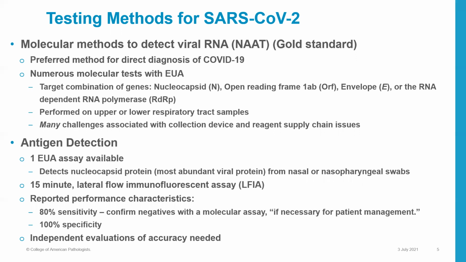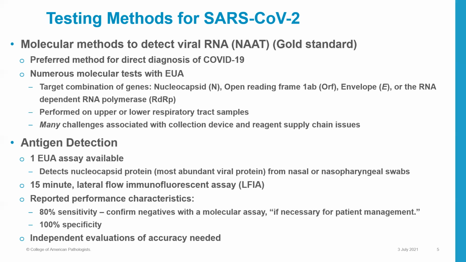The target genes for this virus are the nucleocapsid, ORF1ab, envelope, or the RdRp, the RNA-dependent RNA polymerase, and the sample is usually obtained from the upper or lower respiratory tract, the NPS or OPS. However, there were many challenges associated with the collection device as well as the reagent supply at the start.